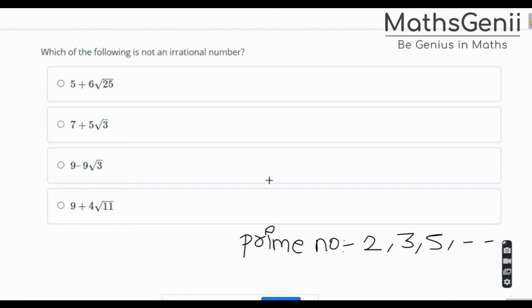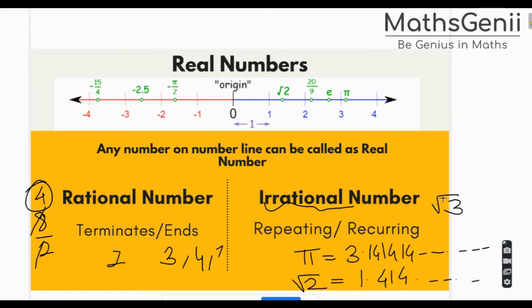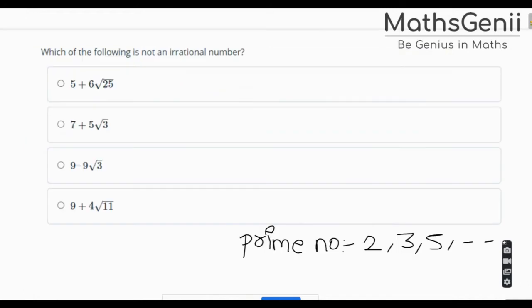Okay, so I had given you an example of an irrational number, if you remember. I'll go to that page. See, I had given you the example root 3 is an irrational number. Correct? So all the options with root 3 are irrational, but he is asking me not irrational. So this is irrational. This is irrational. 11 also does not come in any other table other than 11. 11 comes in only 11's table. So this is also irrational.